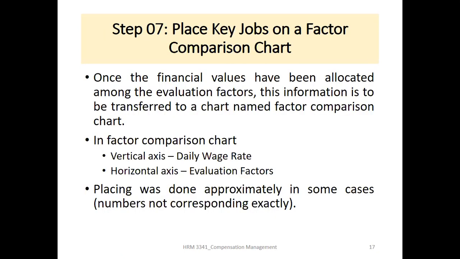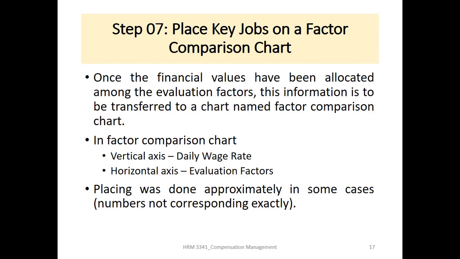Then place key jobs on the factor comparison chart. Once the financial value has been allocated among the evaluation factors, this information is to be transferred to a chart named the factor comparison chart.